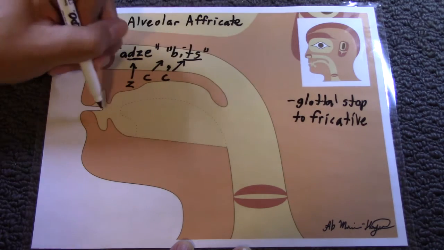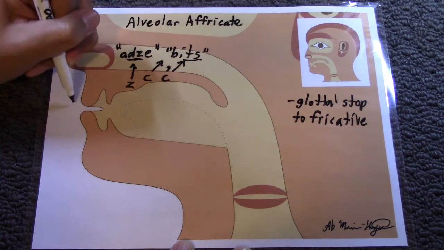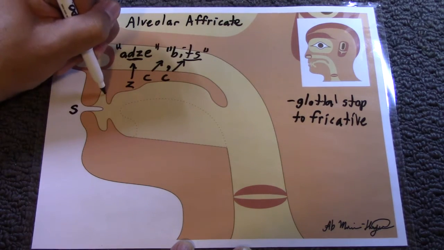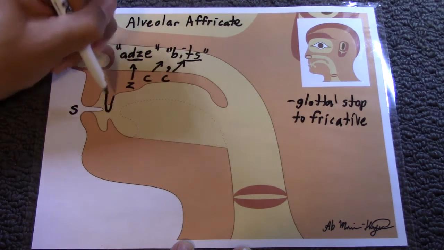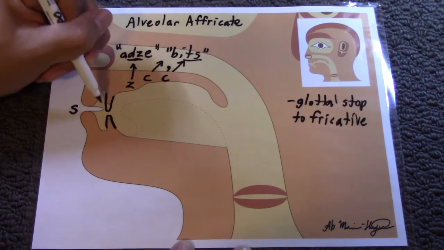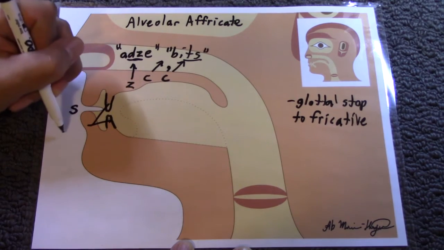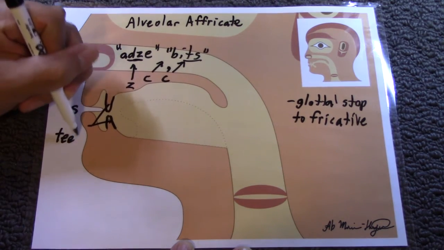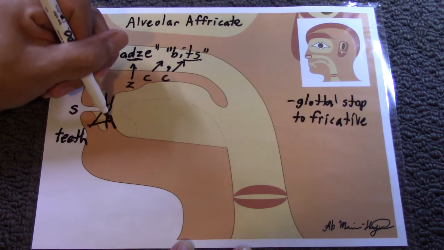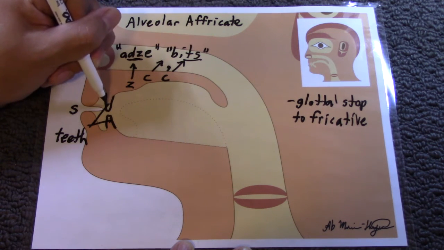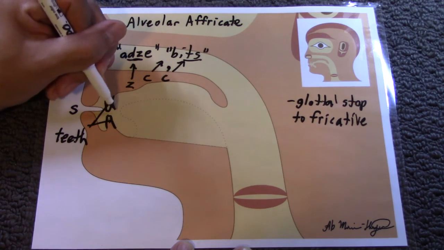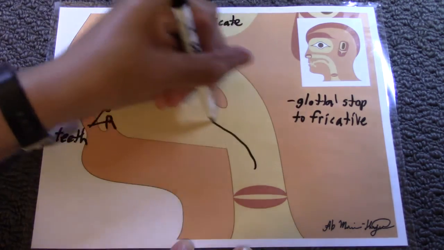And then we have S. So I'm going to put S over here, because when we're making an S sound, what we're doing is taking our teeth. So these are our teeth here. We're not closing them completely, but we're closing them partly, and the air comes out.